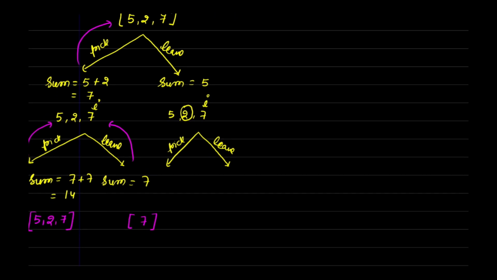If I am picking, then I will have sum five plus 7, that is equal to 12.